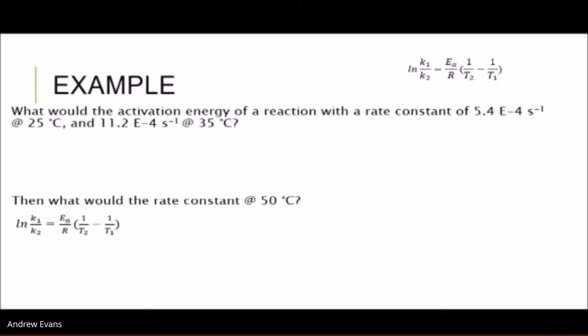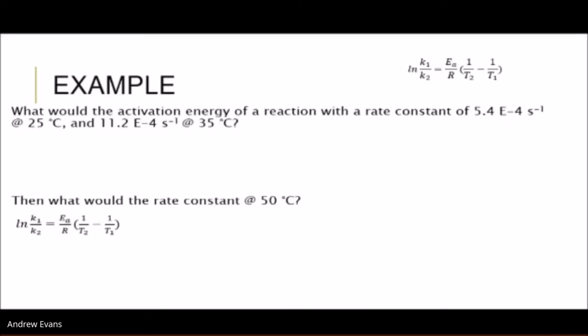So K1 is 5.4 times 10 to the negative 4th at T1, 25 degrees C. K2 is 11.2 times 10 to the negative 4th, or essentially 1.12 times 10 to the negative 3rd, at T2, 35 degrees.